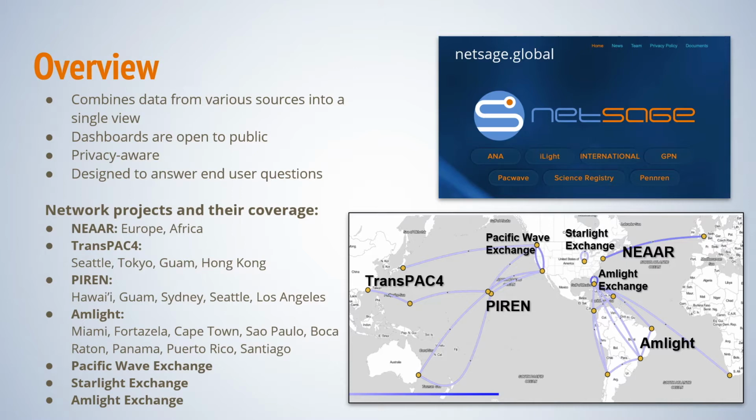It is open in that the data collected are meant to be widely accessible, with performance dashboards open to the public at netsage.global, and also that the software developed by the team is open source. It is privacy aware, as it contains no personally identifiable information about individual hosts or users of the network.